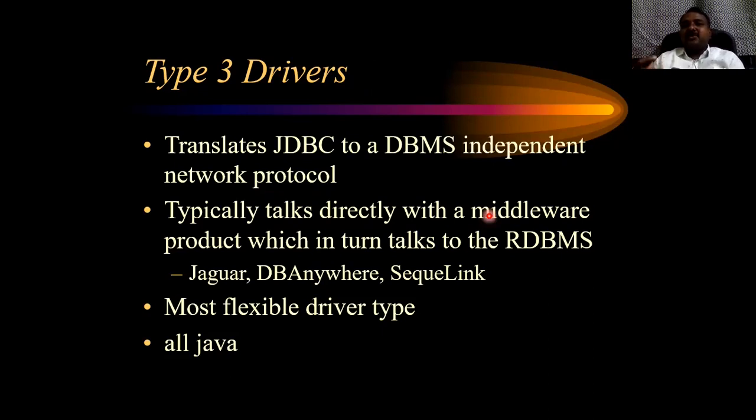This driver is going to use a middleware, and the middleware used in this driver are named as Jacquard, DB Anywhere, and SQL Link, etc. So by using this middleware, your driver is going to interact with your database. And we can say that this driver is flexible when compared to your type 1 driver and type 2 driver, and it is designed and developed by your Java application.